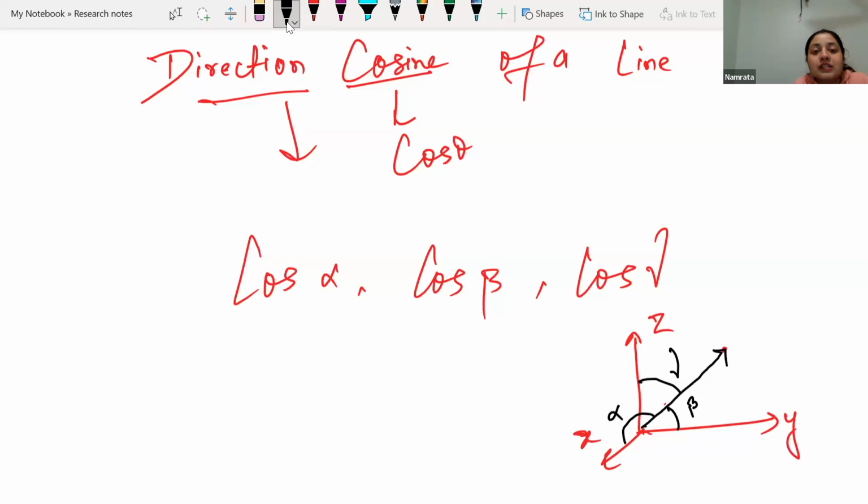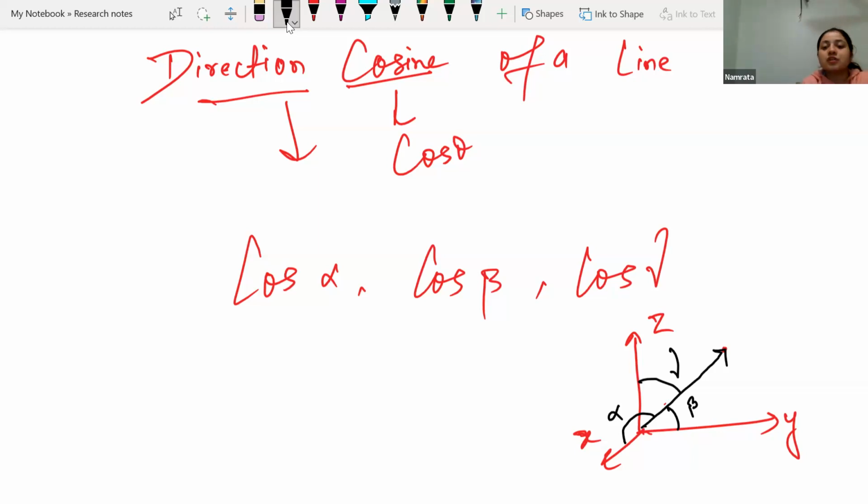This is how the line has its direction with respect to the x-axis, y-axis and z-axis. And while writing the direction cosines of any line, what we write is just cos alpha, cos beta, cos gamma, where alpha, beta, gamma are the angles the line makes with the x-axis, y-axis and z-axis.